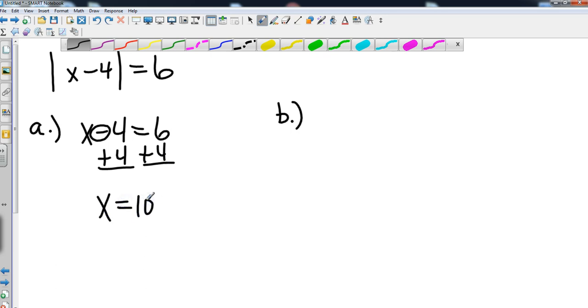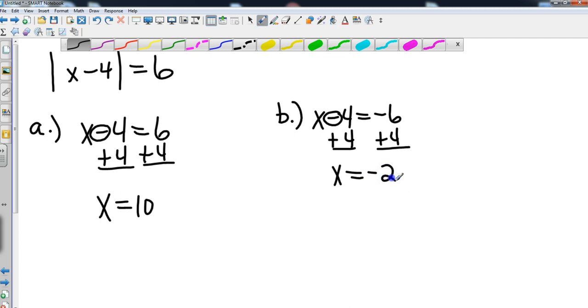We know that value could be -6, so we're going to take x minus 4, and we're also going to set it equal to -6. And do the same thing. We have subtraction. Let's add 4 to both sides. And so that gives me a value of x equals -2.